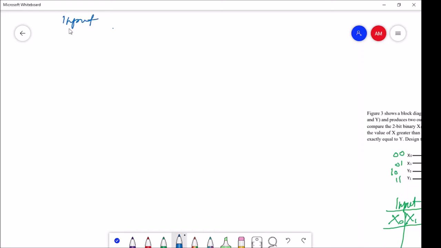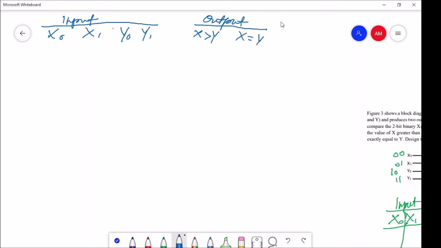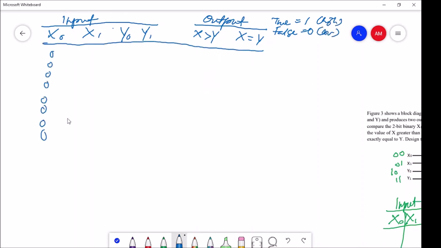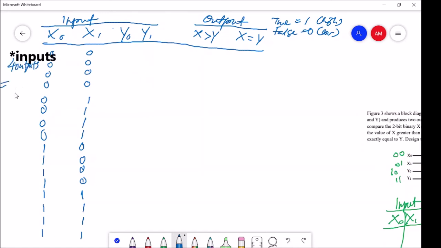So let's draw the truth table. We are using 16 rows because there are four inputs.